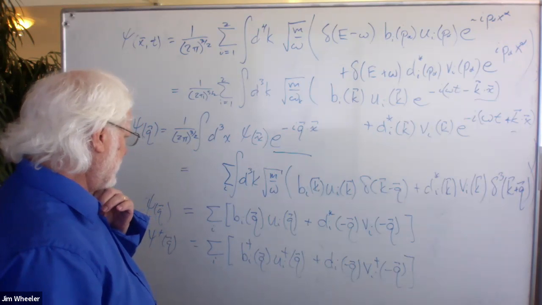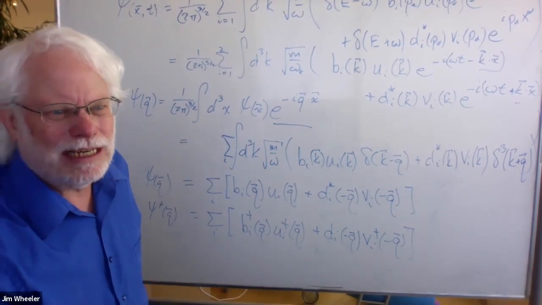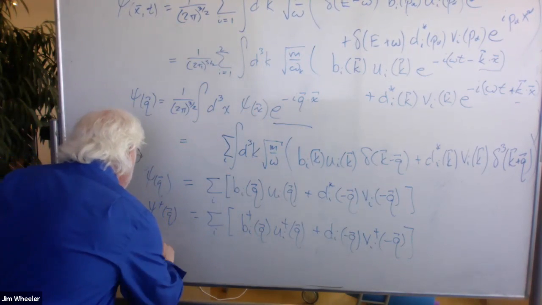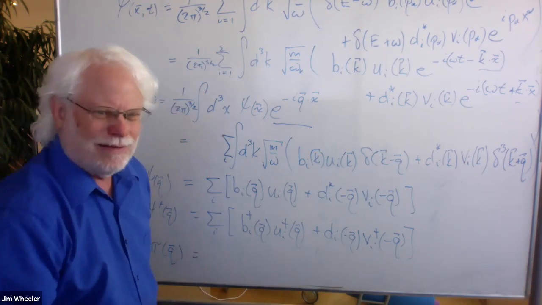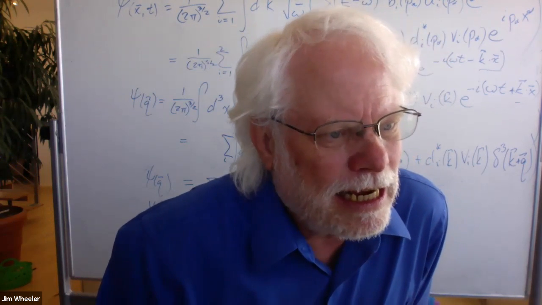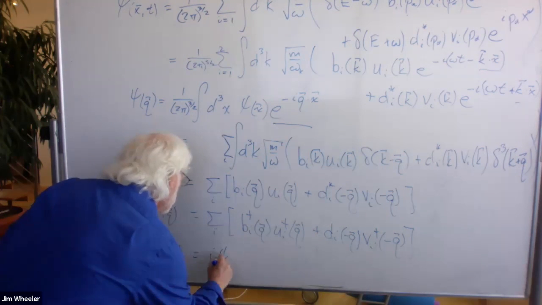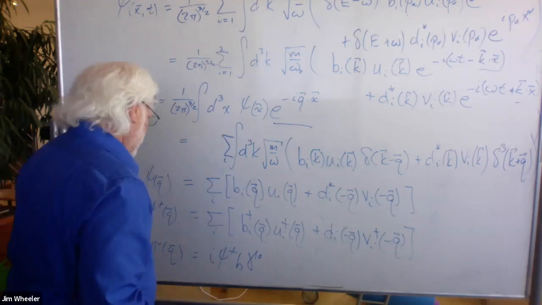Then let me see. So yeah, we're going to want to solve for this, but we need pi. Pi is given by psi dagger... what is the expression I have here? i psi dagger h gamma 0, like that.